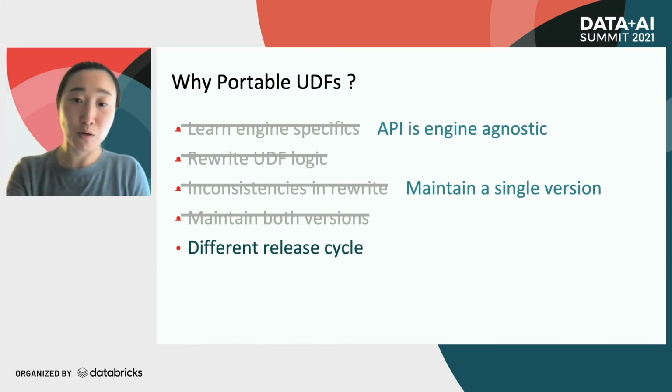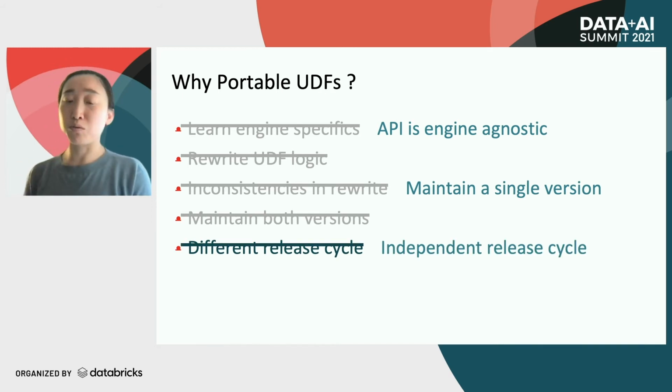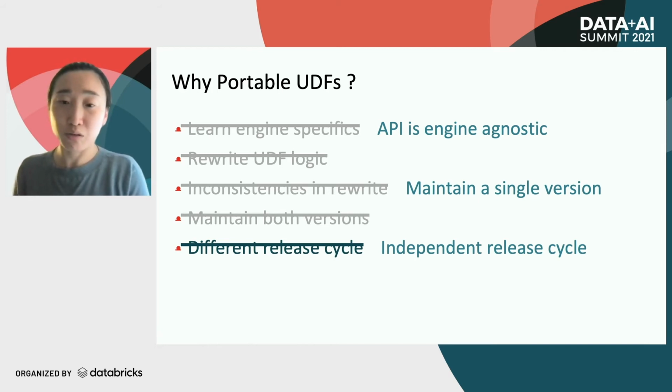In this way, we no longer have to worry about different release cycles from different engines, because the functions are independently released. And also, for the most part, they are made available in the query engines only a few minutes after users commit their code.